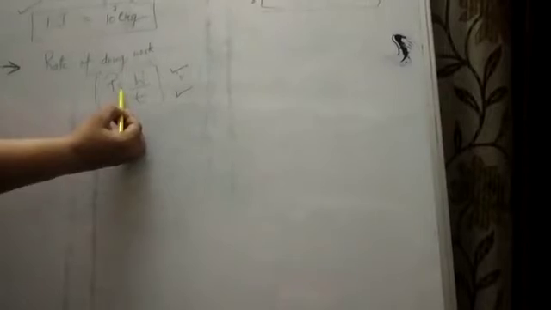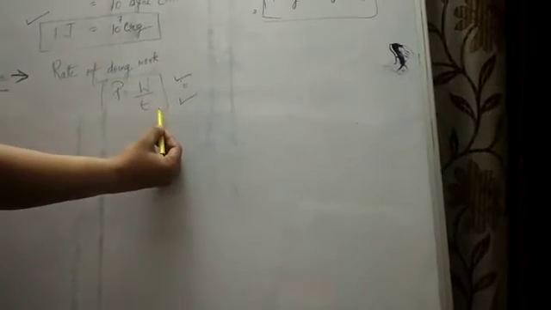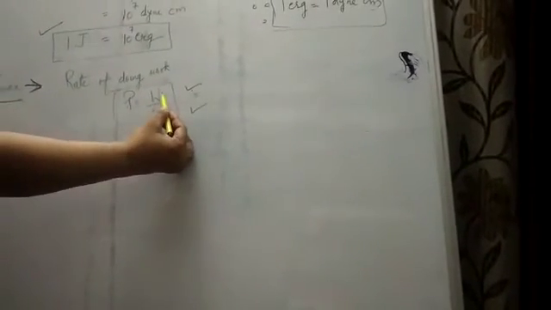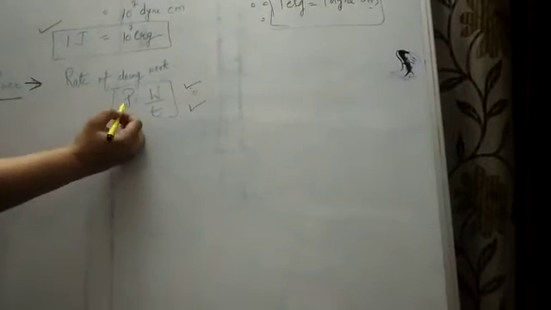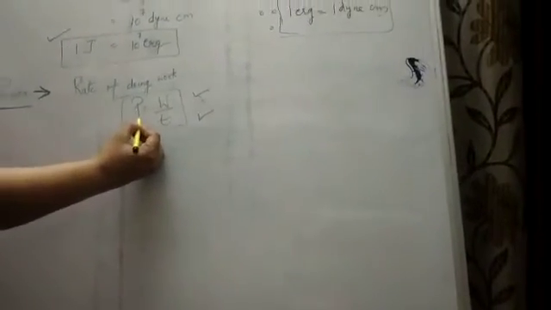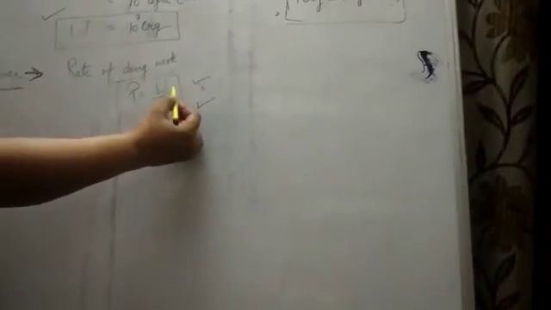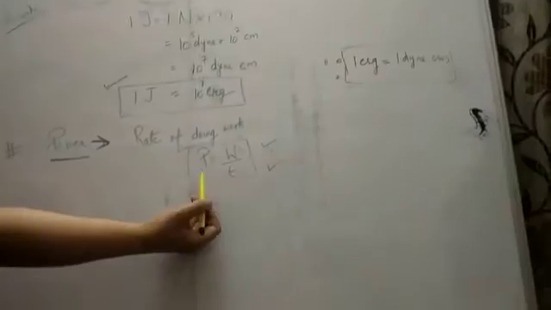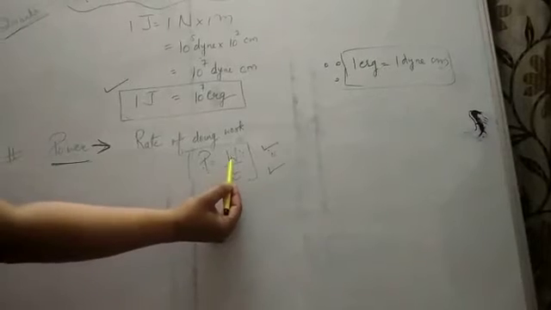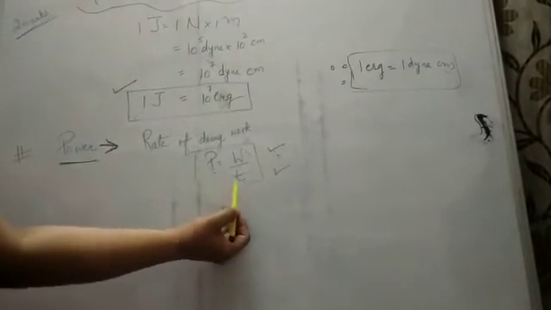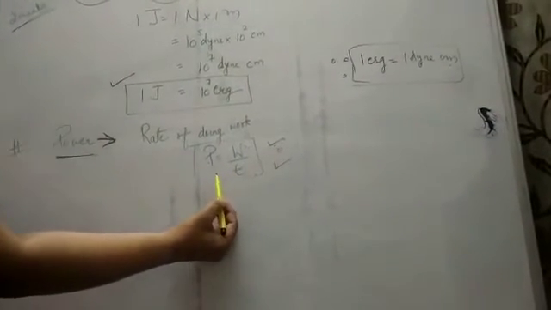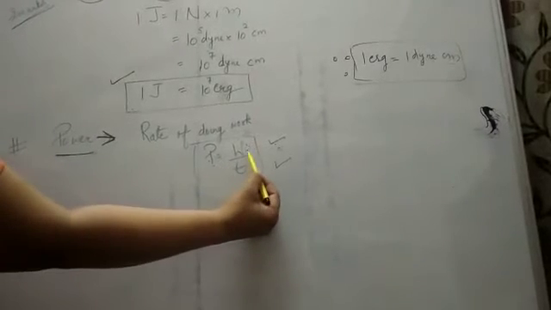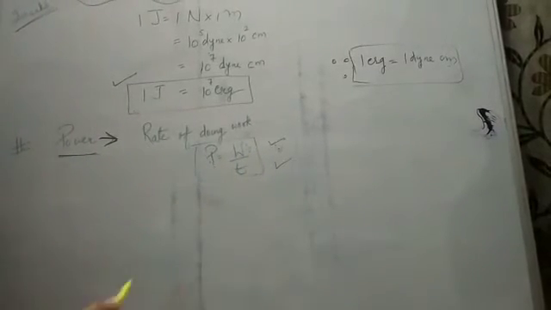So power will be equal to work done upon time. So we can say that power depends upon two factors, that is work done and the other one is time. Power is equal to work done upon time.